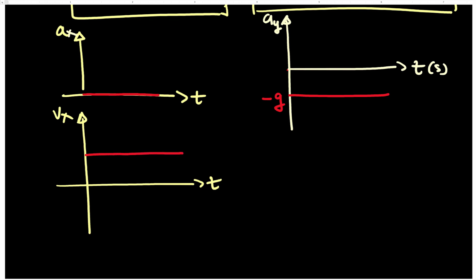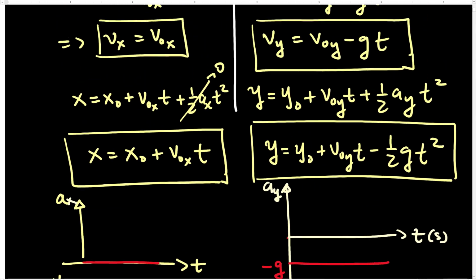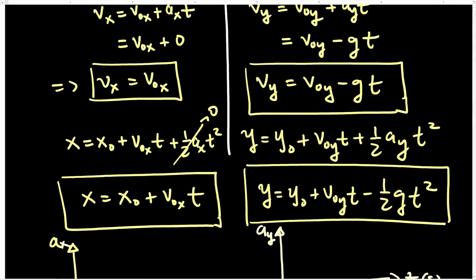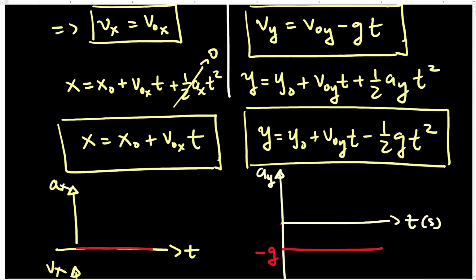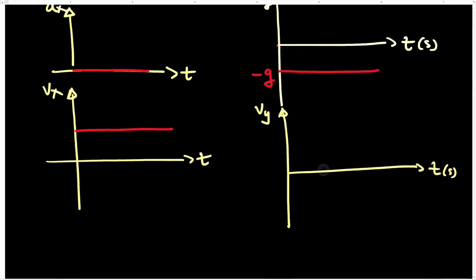But if we do the graph for this, this is t, time is always in the horizontal axis. This is vy. Notice something. When t is equal to 0, vy is equal to v naught y. So it decreases. So it starts somewhere here and decreases like that.